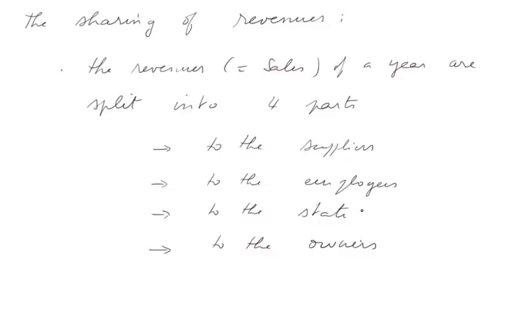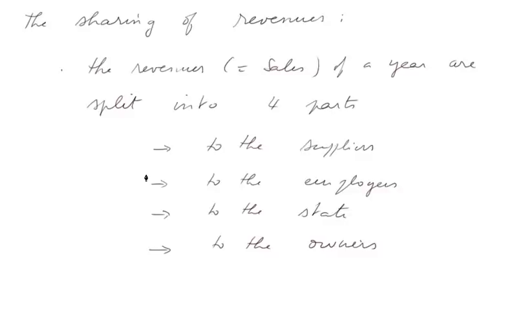A part goes to the state, taxes of various sorts, essentially 2 types, VAT and the tax on the profit. And finally, the difference between the sales and all this is what goes to the owners and is called the profit.